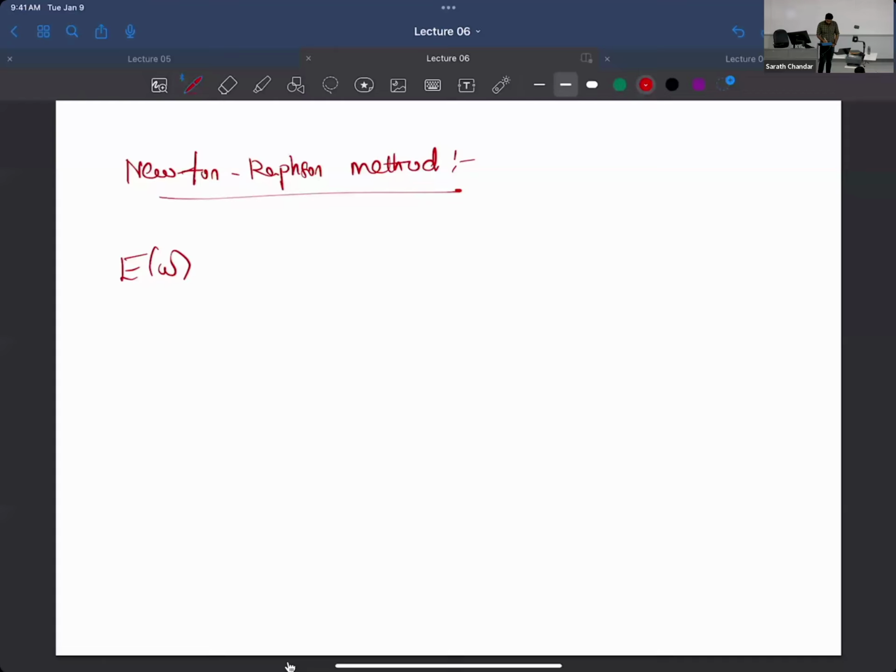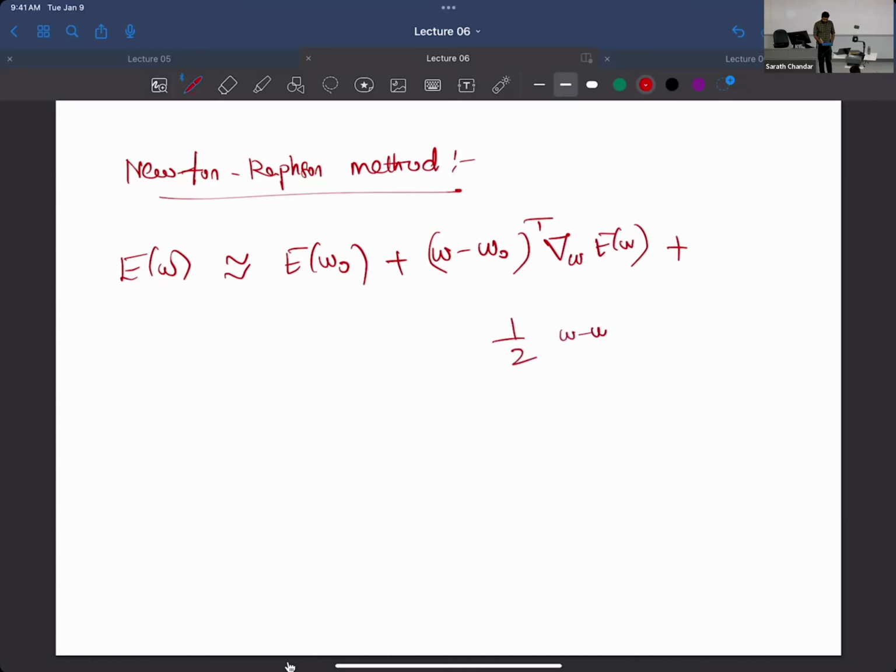I can approximate this error function at some point W0 by using Taylor series. I'm going to do this for zeroth order, first order, and second order, and stop there. So this is going to be E of W0 plus W minus W0 transpose the gradient, plus 1 over 2 W minus W0 transpose Hessian W minus W0.